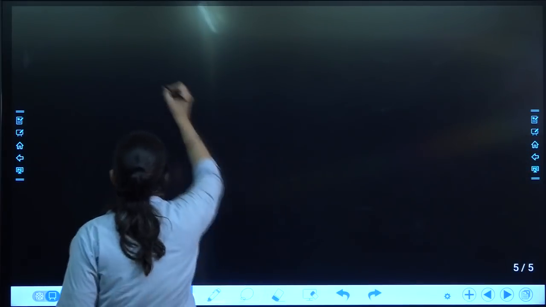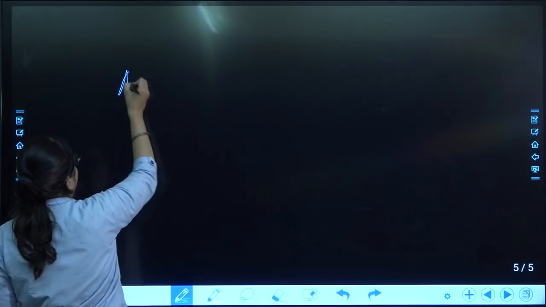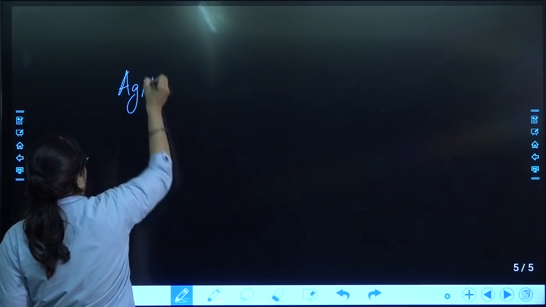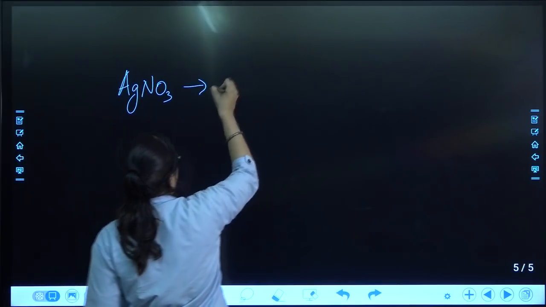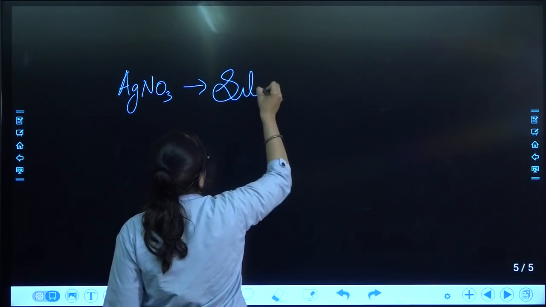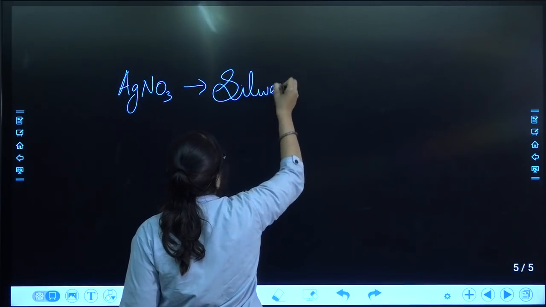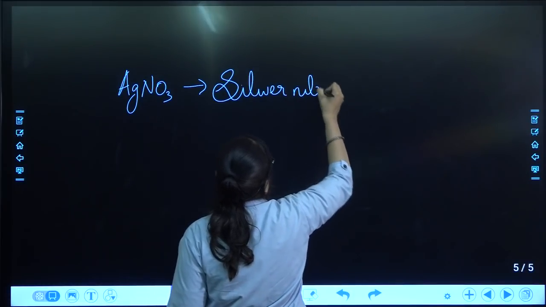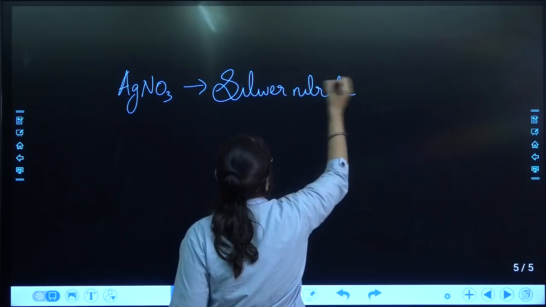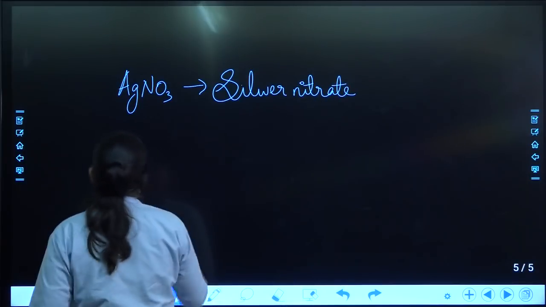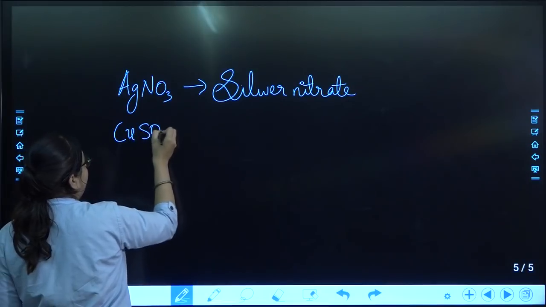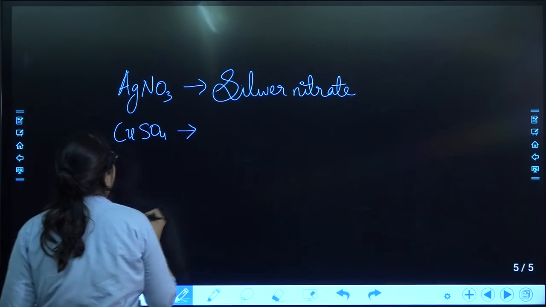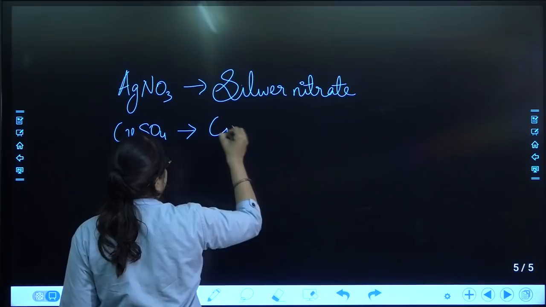I am taking 5 solutions. AgNO3, that is silver nitrate. CuSO4, that is copper sulfate.